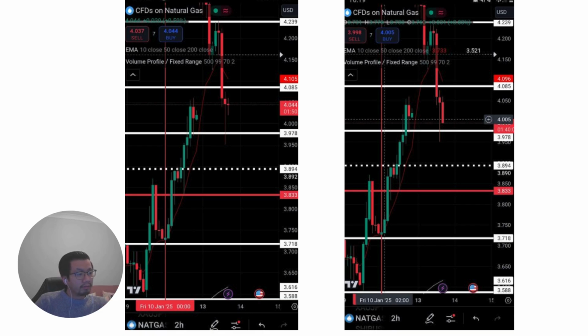You can vaguely see the 10 EMA is pointing down and the price is closed way below it as well. So you've got the resistance pressure, you've got the EMA pressure to push the price down. Every time there's a 2-hour wick down here and bounce back up, it'll mostly just go back down.